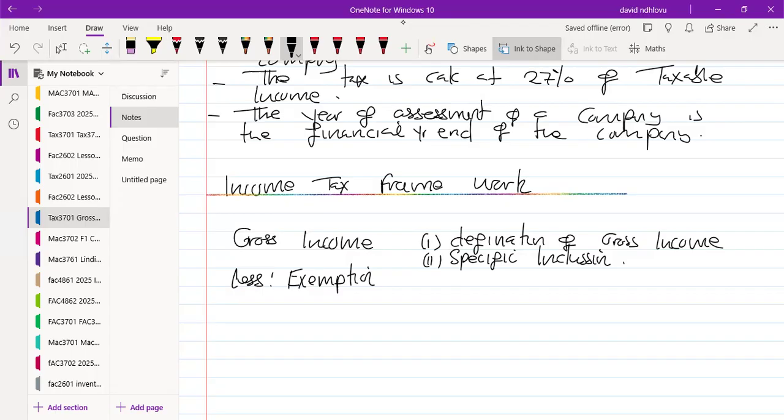Now, SARS does provide some form of relief at times on certain amounts that are included in gross income, which means you can actually remove a certain amount, maybe a portion of or the full amount included in gross income. So these are exemptions, which are amounts included in gross income, which you are then allowed to deduct in the calculation of taxable income.